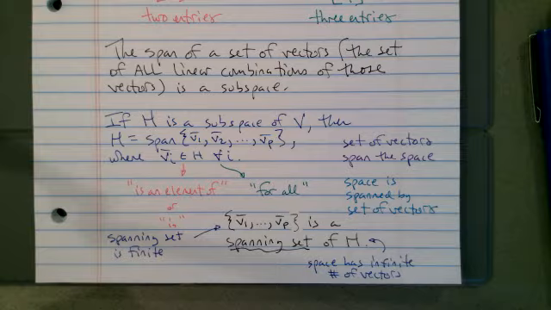All right. So we have a spanning set of vectors for a subspace. What we want to do with the spanning sets is take it down into a basis, which is a linearly independent spanning set. We want to refine a spanning set into a basis.